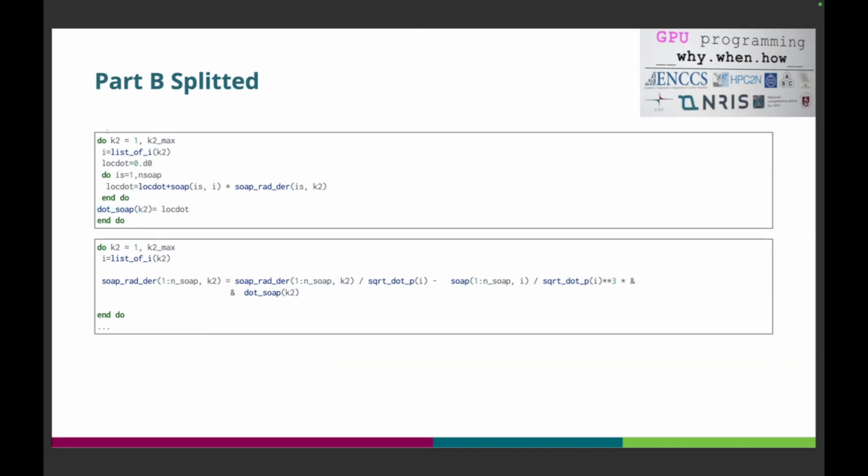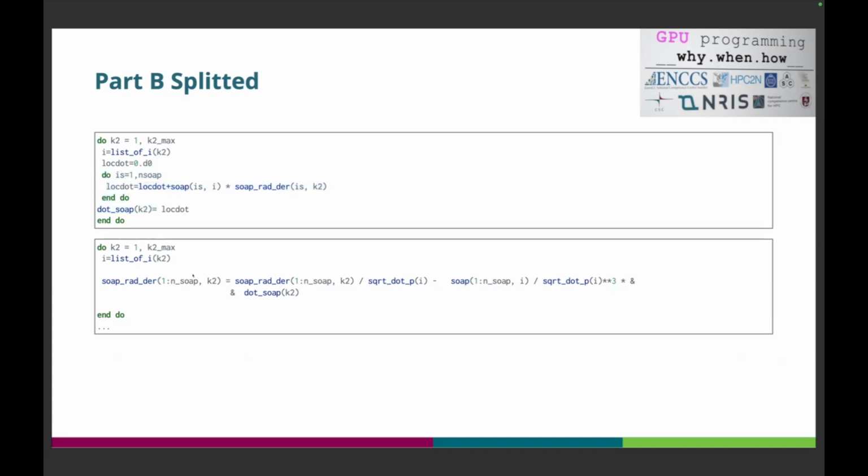So in this case, we have again a loop from 1 to the maximum number of neighbors, and then for each K2 value, we have an index I, and then of course we have a loop because the dot product is actually a summation over one of the dimensions.